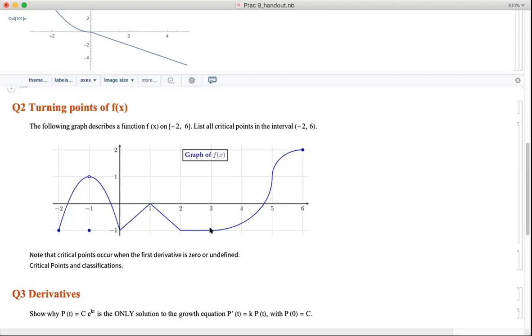Just the 0.3 -1? So yeah, that's a good guess. Is that the only point? There are others. Can you think of where the derivative equals 0 or it does not exist?